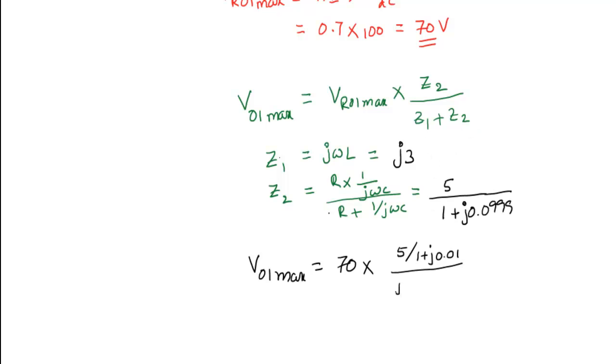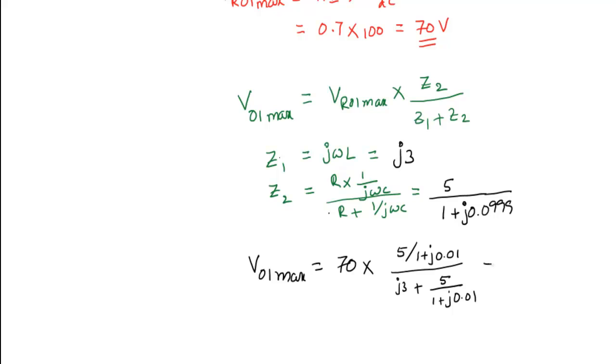Z1 is J3 plus Z2, which is 5 divided by 1 plus J 0.01.